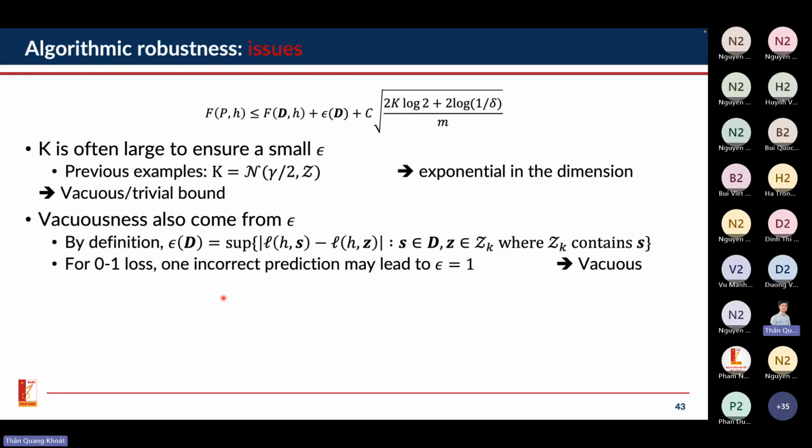Okay, and in order to analyze a complex model like this, they need to use some explicit property from the learning algorithm or from the model architecture. For example, when we focus on SGD, in every iteration we compute the gradient and use the gradient to update the model, right?